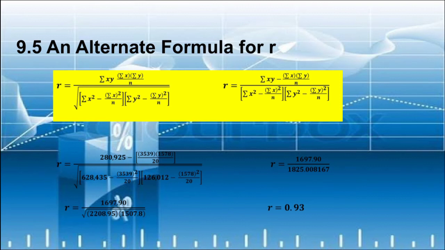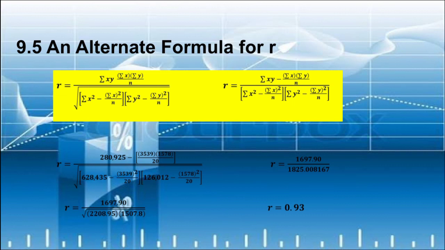Then all over the square root of the value of summation of x squared, which is 628,435, minus the summation of x, 3,539, squared over n, which is 20, multiplied by the summation of y squared, which is 126,012, minus the summation of y, 1,578, squared over n, which is 20.